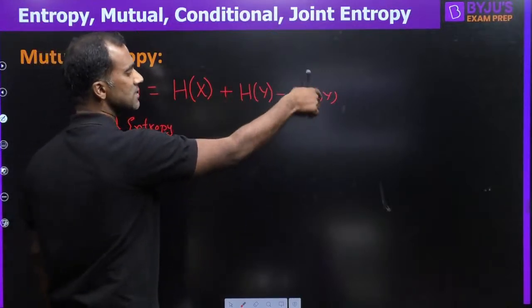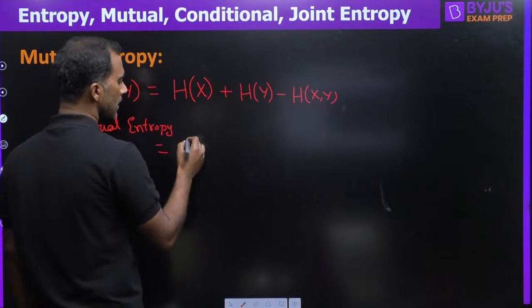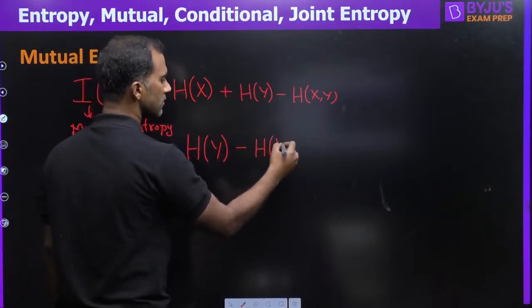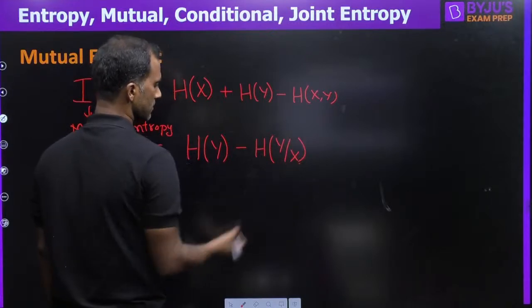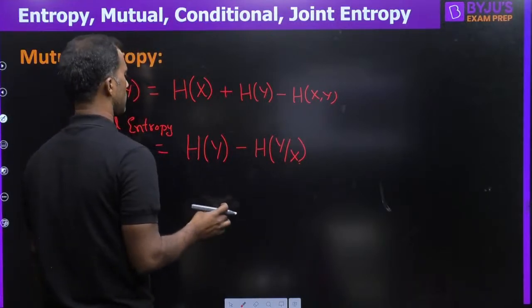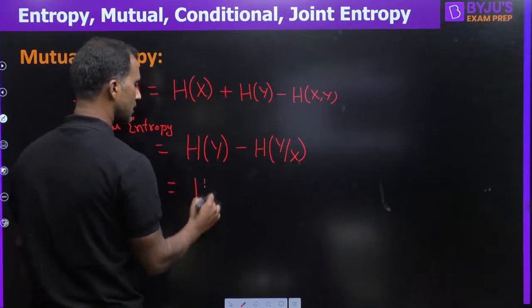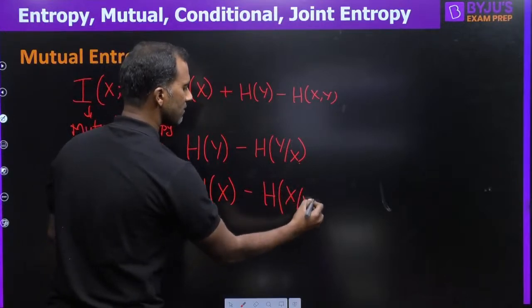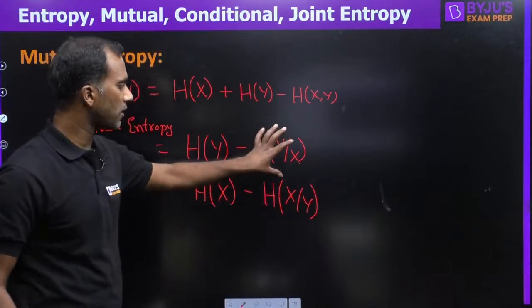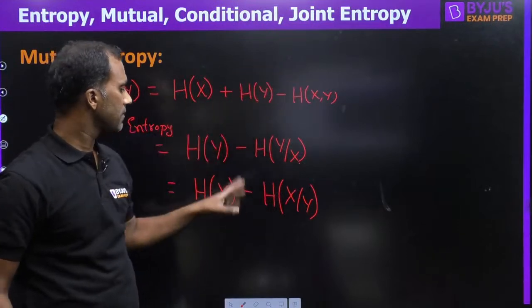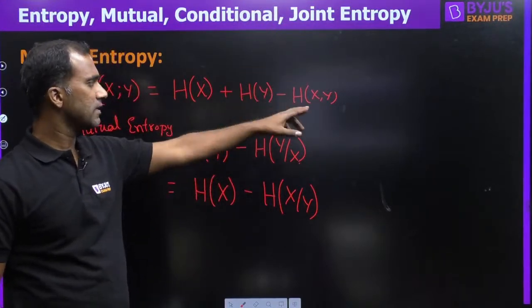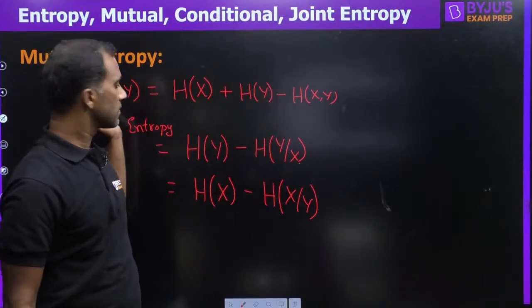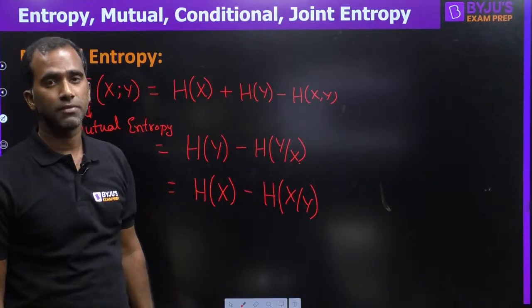It's like A plus B minus A intersection B. And one more formula is H of y minus H of y given x, and H of x minus H of x given y. In the previous slides, we have talked about the formulas to find all of them. So you can find anything easily, just apply one of these formulas to get the mutual entropy or mutual information.